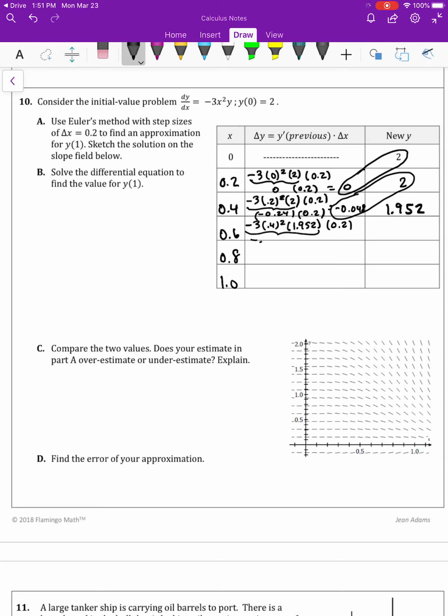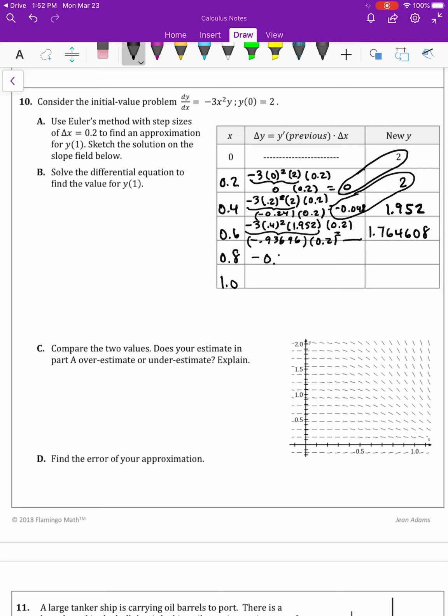So this right here is your dy/dx, and you should have gotten -0.93696, and then times your 0.2 should have given you a number, and then when you add that number to 1.952, you get 1.764608, okay?